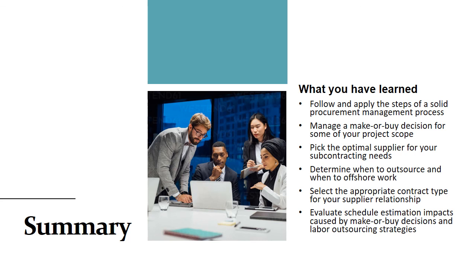This involves managing a make or buy decision for some or for all of your project scope, picking the optimal supplier for your subcontracting needs, and determining when to outsource and when to offshore your work. The most important part of subcontracting, however, is being able to select the appropriate contract type for your supplier relationship, because a lot of risk depends on exactly that.